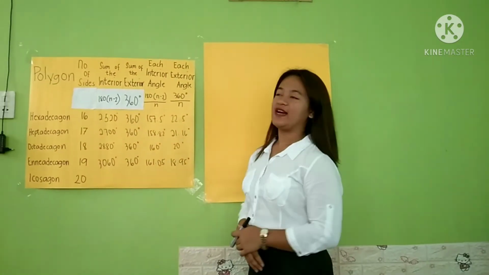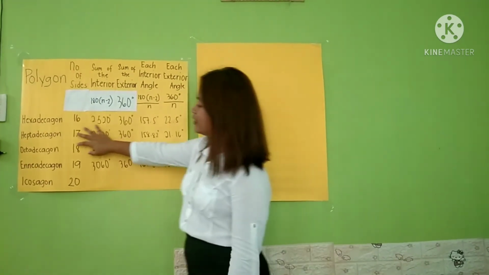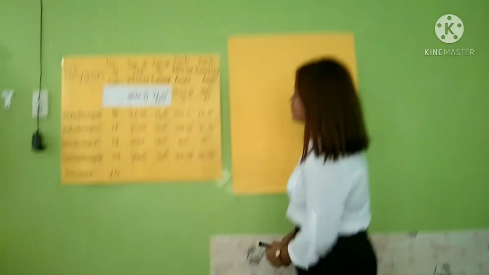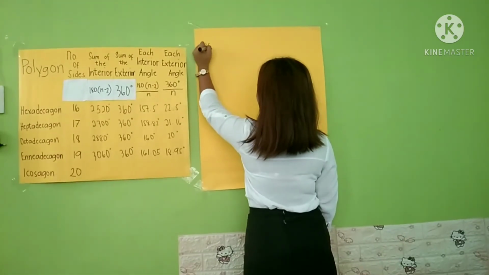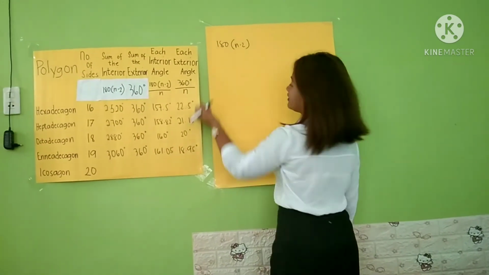For the last one, which is the 20-sided icosagon. To compute the sum of the interior, 180(n - 2) again.